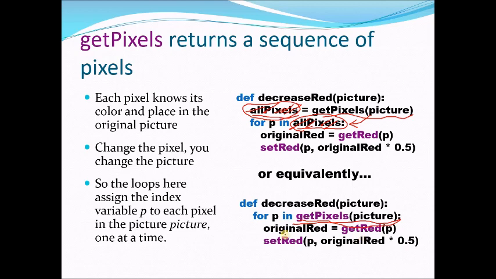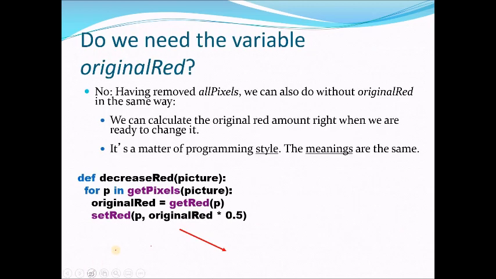Same thing you can do with the original red. This is another variable. So you delete it, and instead over here what you will write is getRed. GetRed will come over here directly. That's what has happened in the next command. In the next line, for example, you see how to remove it.